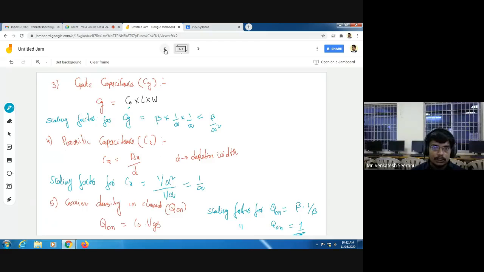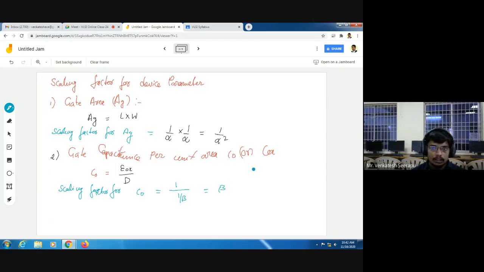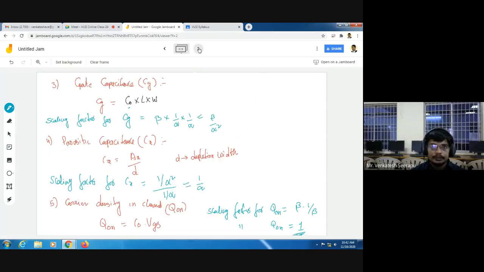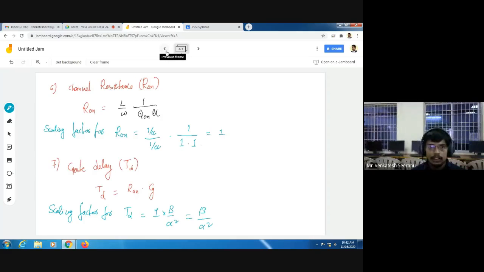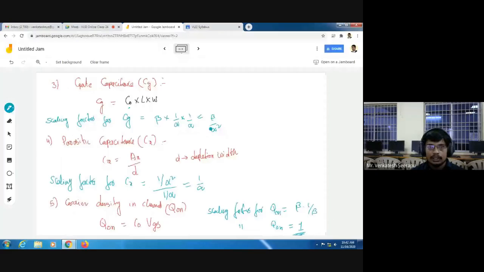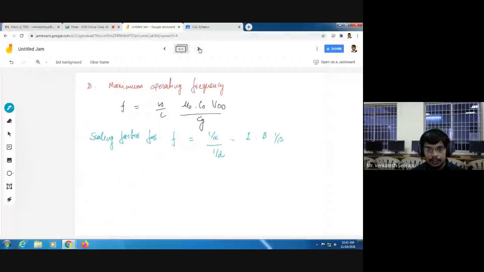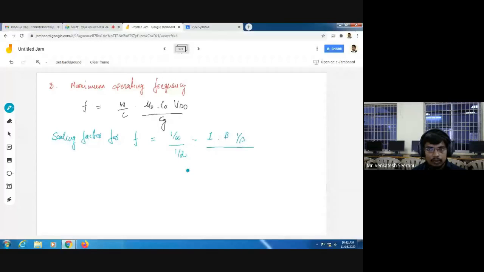We already did it: the scaling factor for C naught is beta. The scaling factor for VDD is 1 by beta. And the scaling factor for gate capacitance CG is beta by alpha square.